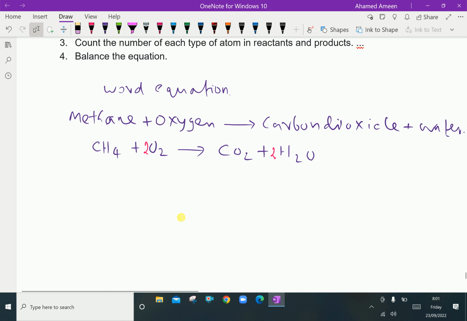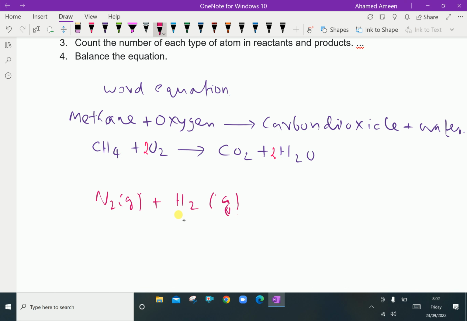So, for example, N2, nitrogen gas, plus hydrogen gas. We can give information about the gaseous state, so N2 is gaseous, plus H2 also gaseous, and we write (g). It also gives a reverse reaction.